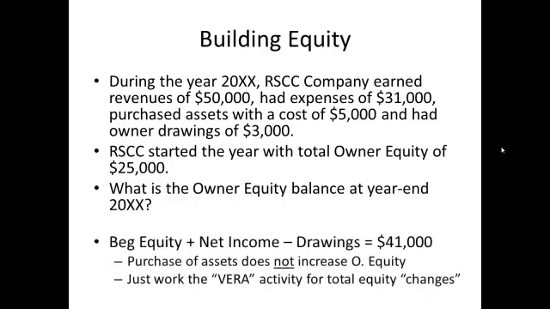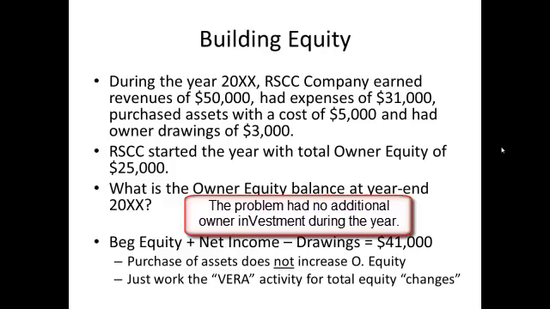Now it's the beginning equity, $25,000, plus net income, 50 minus 31, or $19,000 net income, minus drawings of $3,000, or $41,000 ending equity. Again, the purchase of assets does not affect owner's equity. Just working the VERA activities, investments by owner, E&R is the net income effect, and drawings are the takeaway, change the balance in owner's equity during the year.